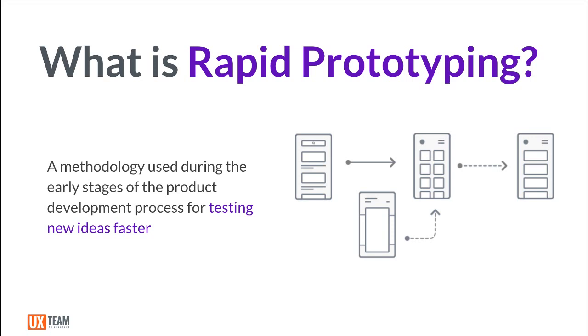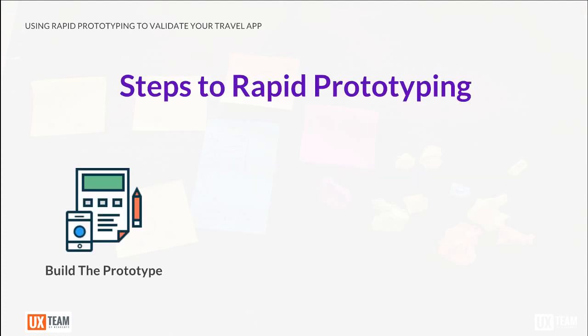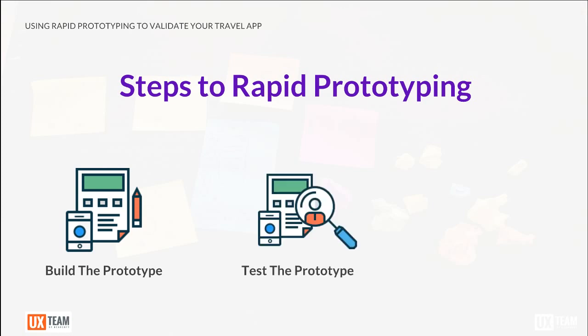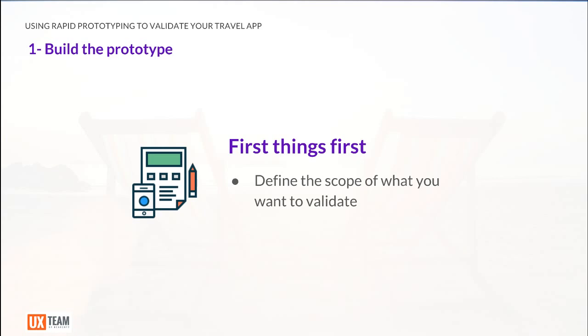So the steps for rapid prototyping, applied to your travel app, are: first, we need to build the prototype. It's very obvious, but we need to have some considerations for building the prototype. The second one is to test the prototype, and the last one is interpreting the feedback gathered from the testing sessions. First things first, we need to find the scope of what we want to validate.